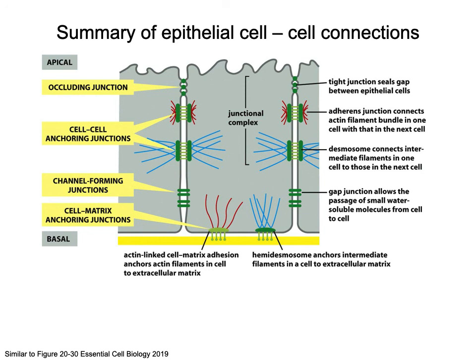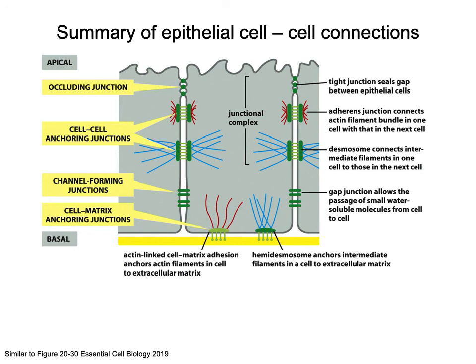I'm going to jump down to the cell-matrix anchoring junctions. We also have hemidesmosomes, where we only have one side, and these are actin-linked cell-matrix adhesion anchors. It's a mouthful just to say that we have these halves, so they don't have the full cell-to-cell connection where we have two sides.